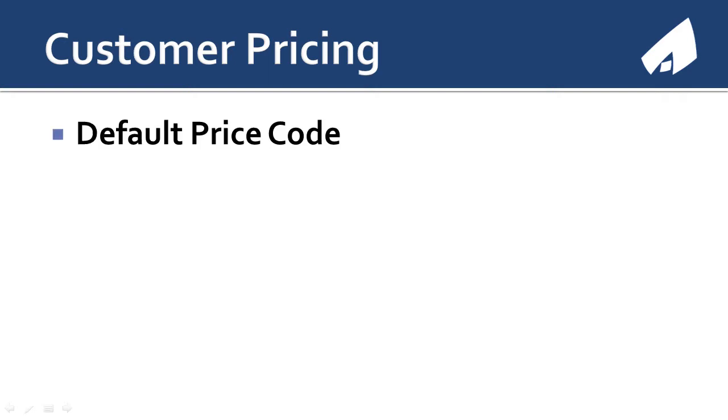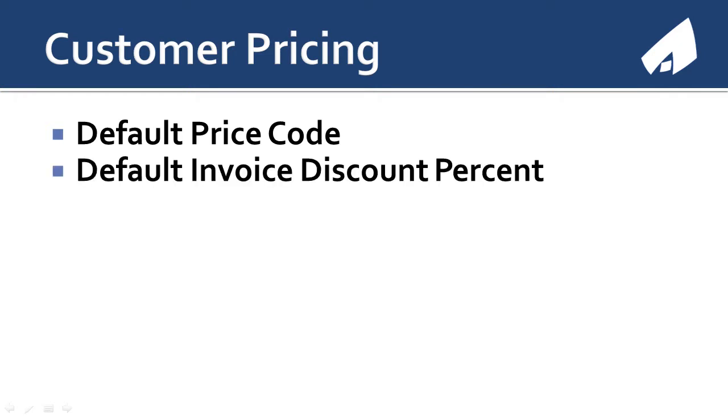On the Prices tab of each customer, you'll see two tabs on the left-hand side. One is going to be for contracts, and the other is going to be for pricing. When the Pricing tab is selected, the user has the ability to add a default price code as well as a default invoice discount percent. The default price code links to the pricing setup on either the product windows individually or in price code maintenance.